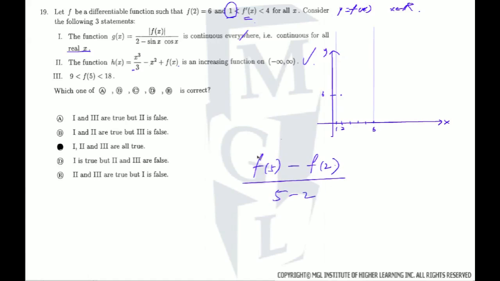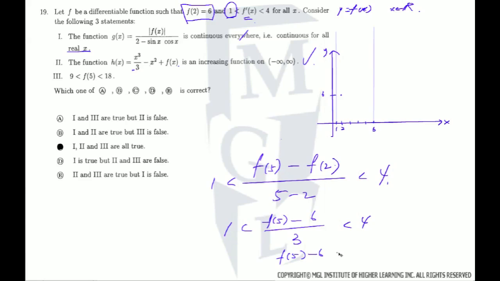And we know that this has to be between 1 and 4. So once again, I use f(2) just because it was given. Okay, so I get f(5) minus 6 all over 3. It ranges from 1 to 4.